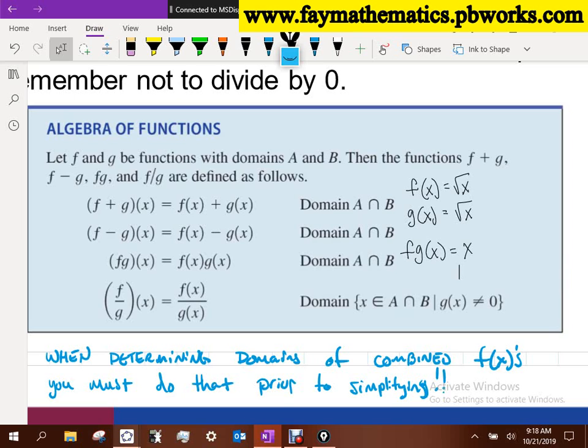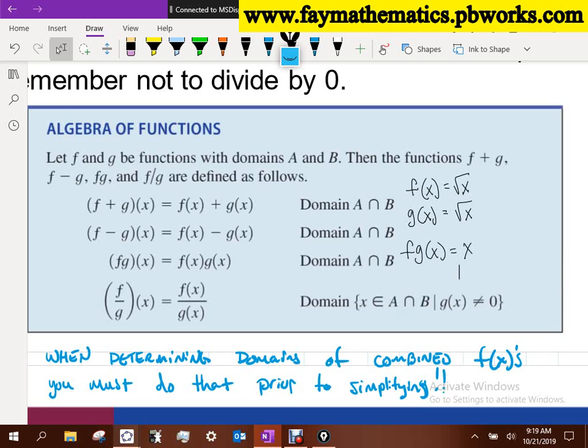My hope is that you don't do the domain 3 separate times. The domain, no matter what you're going to do, add them, subtract them, multiply, and divide them, the domain is always A intersect B. However, when division occurs, you have one added aspect, is that your bottom function cannot be 0. G of x is not allowed to be 0, so you need to incorporate that.